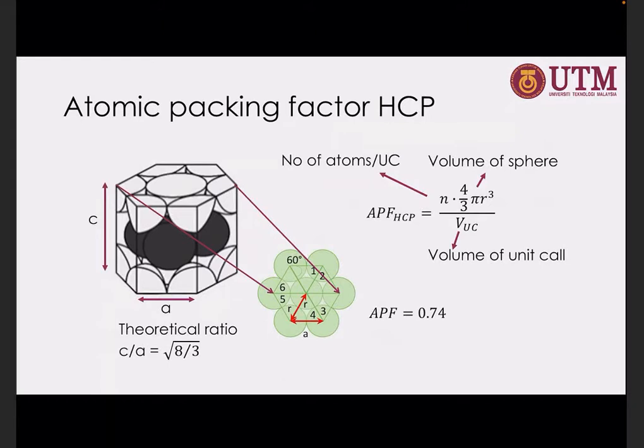So for this kind of structure, if we calculate the atomic packing, how packed this structure is in terms of the volume of spheres or the atoms, we assume one atom forms a hard sphere.